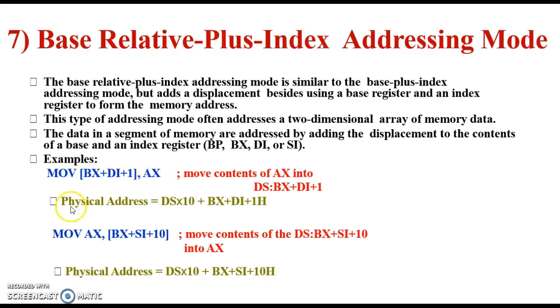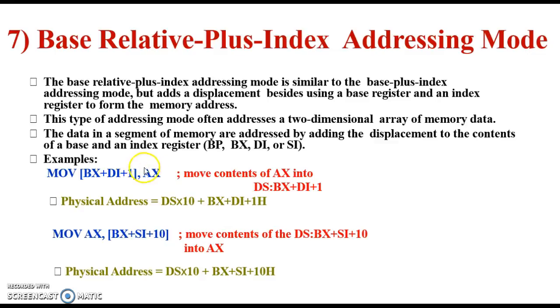So the physical address is calculated by adding the content of DS, shifted towards left by 4 bits, and then added with the contents of base register BX, and with the contents of index register DI plus the displacement, that is 1 here.